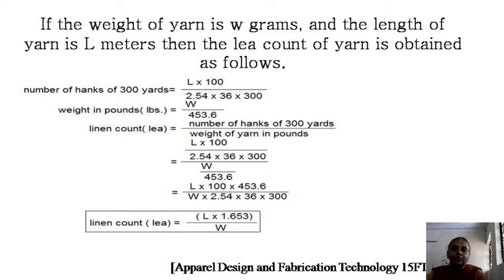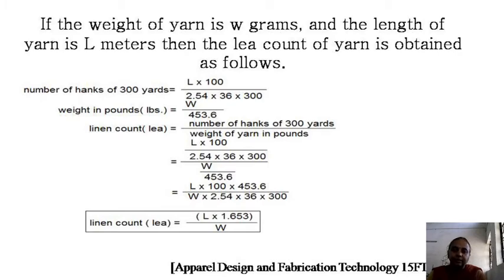That is, L into 100 divided by 2.54 into 36 into 300, divided by W divided by 453.6. This is the formula you have to remember. That is, it equals length into 100 into 453.6 divided by W into 2.54 into 36 into 300.